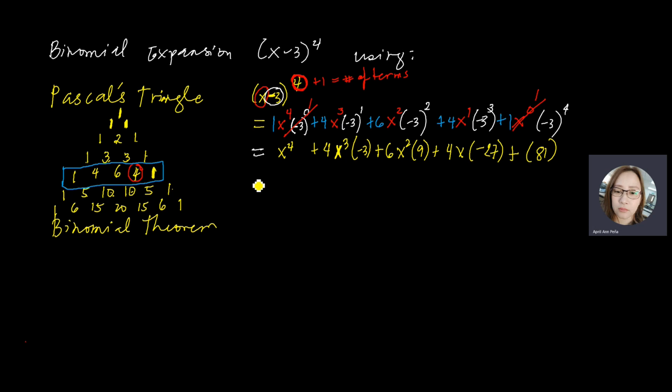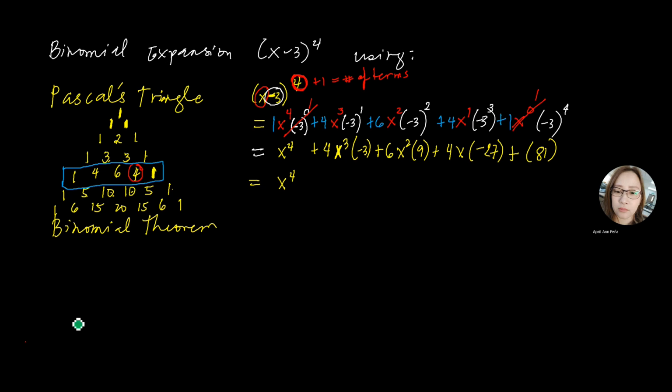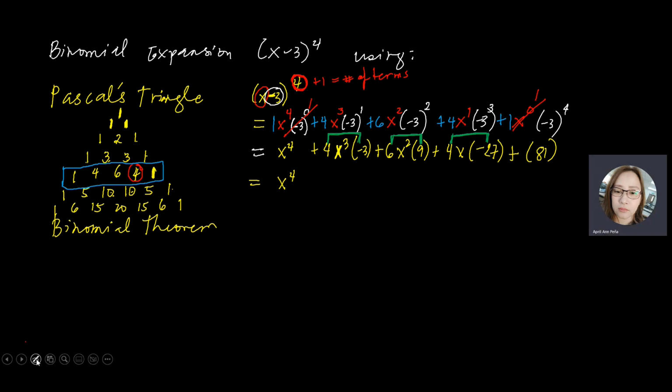So continuing, we do have x raised to 4. Next, as you can see, we do have the 4 and the -3 here. You can multiply this as well as the 6 and the 9. Because these are numbers in the same term, the operation is multiplication. So you just simplify it.